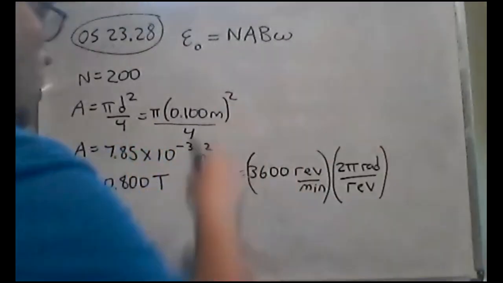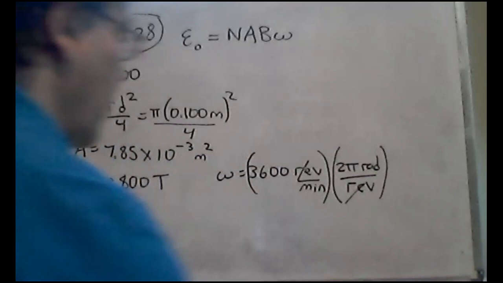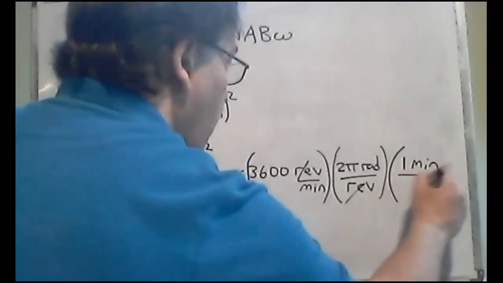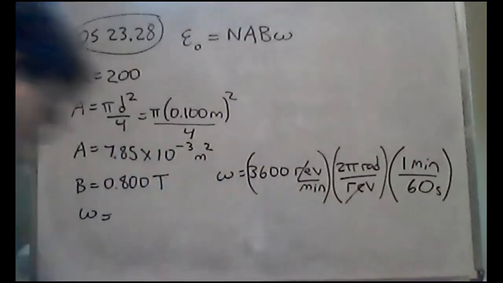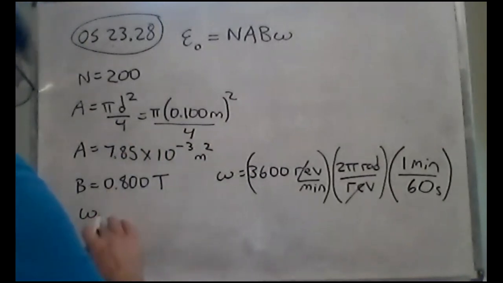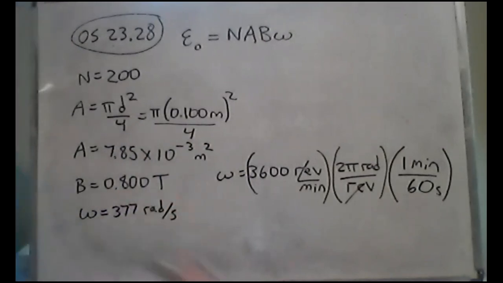One time around a circle is 2 pi. Revolutions cancel. Minutes, got to get rid of minutes. So minute goes on top, 60 seconds goes on the bottom. When I work all this out, I find that my omega is 377 radians per second. Great, there you go. All right, so that's all I need.